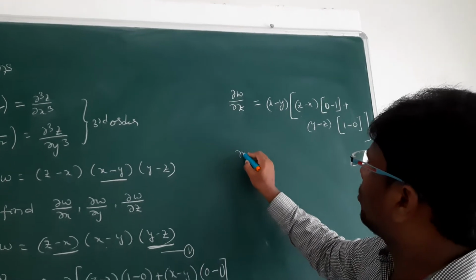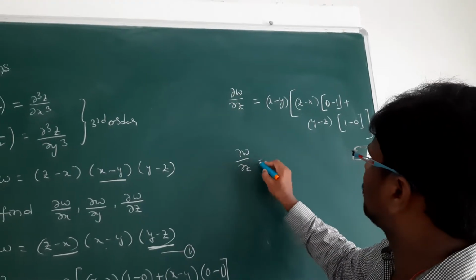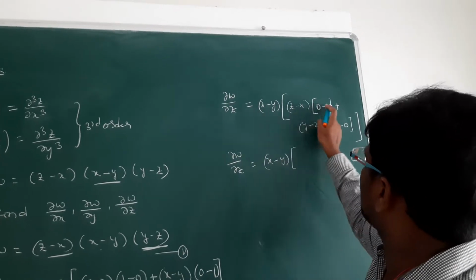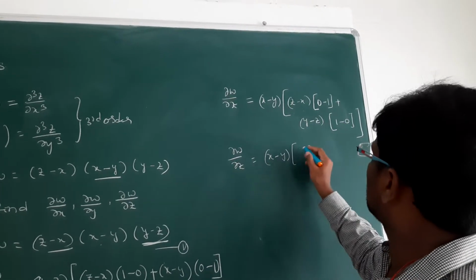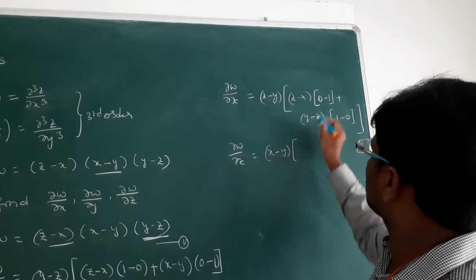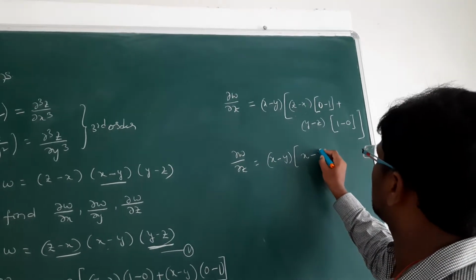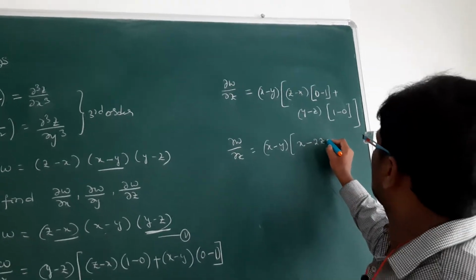That is dou w by dou z is equal to x minus y into minus z, here also minus z, that is minus of minus plus x, minus 2z plus y.